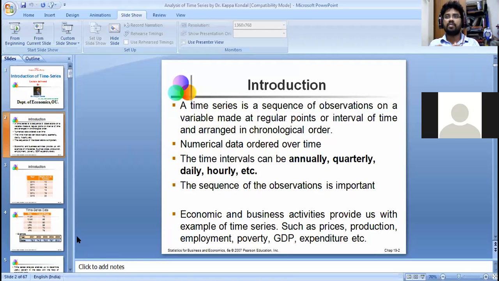So if you collect information on a particular variable in sequential order, that is called a time series.